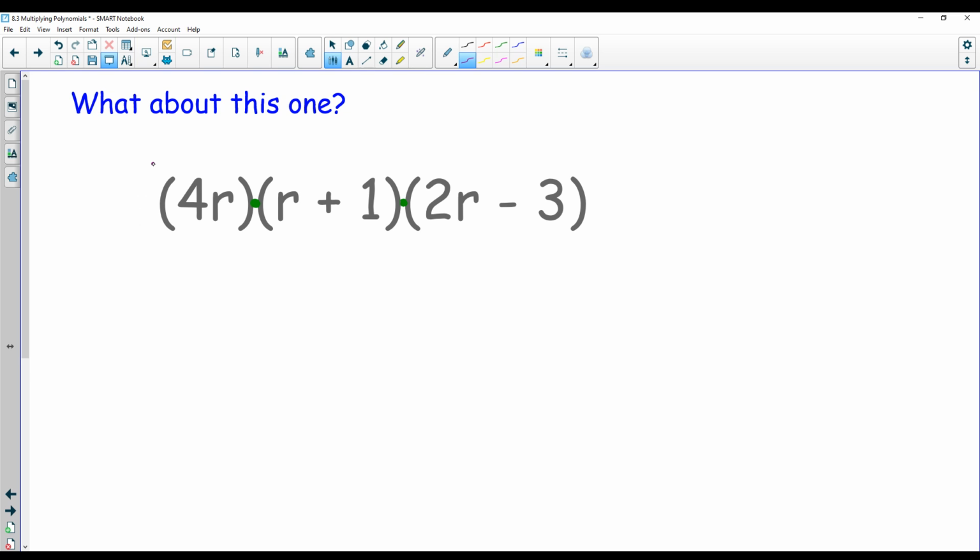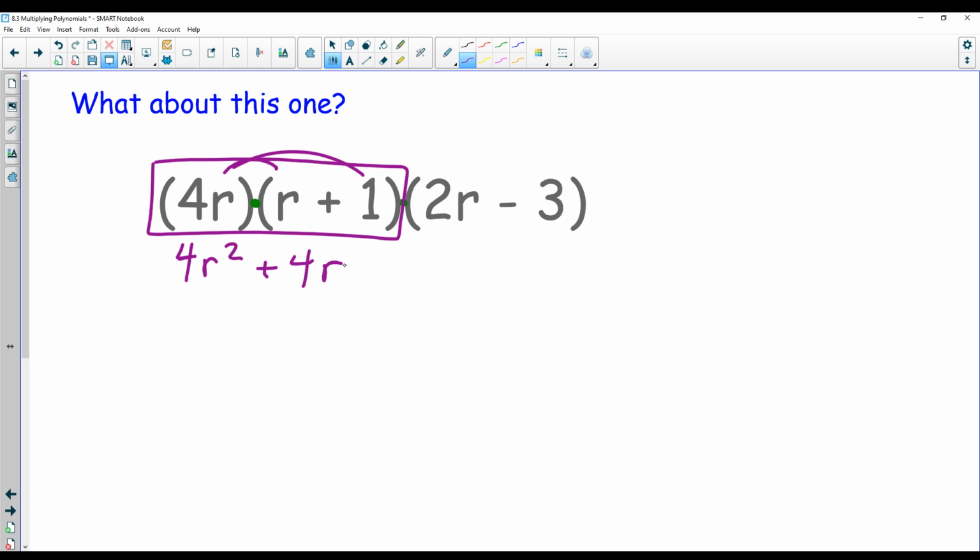So I'm going to pick just the first 2 here and go ahead and multiply that together. So 4r squared plus 4r. Now I'm not going to keep going here because these 2 are already in this answer. We've already done that multiplying and multiplied with the 4r. We're just not finished yet.